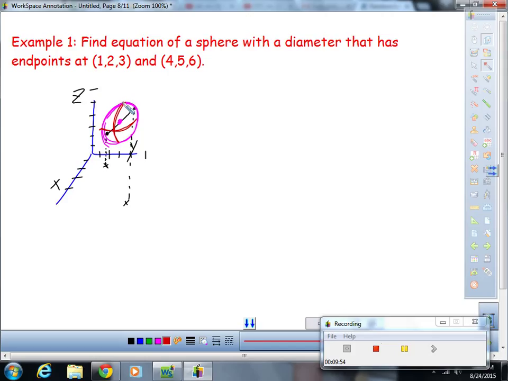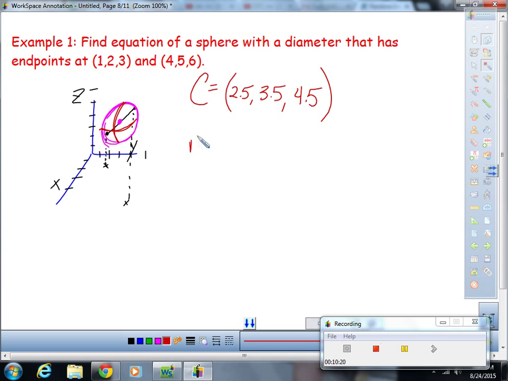Okay. So first we need to find the center. The center is going to be the midpoint of those, so that's going to be 2.5 comma half of 7, 3.5 comma 4.5, okay?